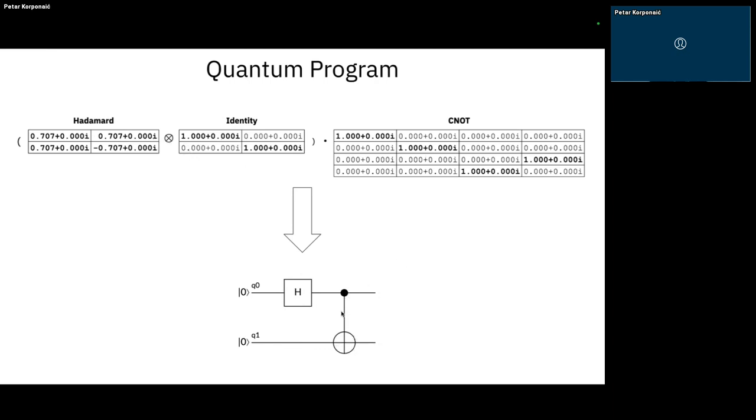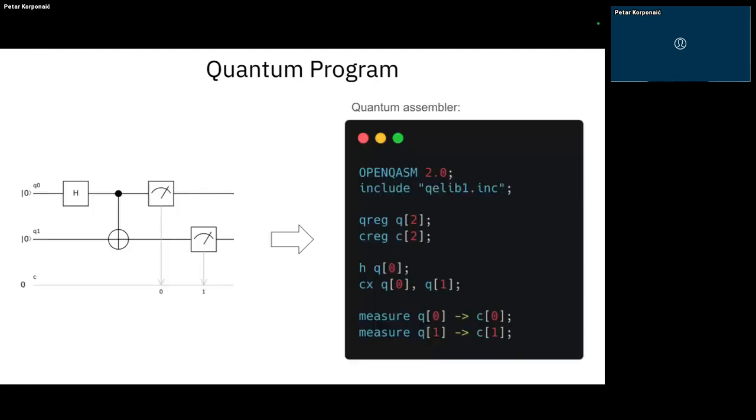So in quantum programming, we have symbols for every matrix, and instruction of a quantum computer is matrix. This is important to understand. And now this diagram is handy for human. It's readable for humans, but in order to execute it on a quantum computer, we need to write it in form of a code.